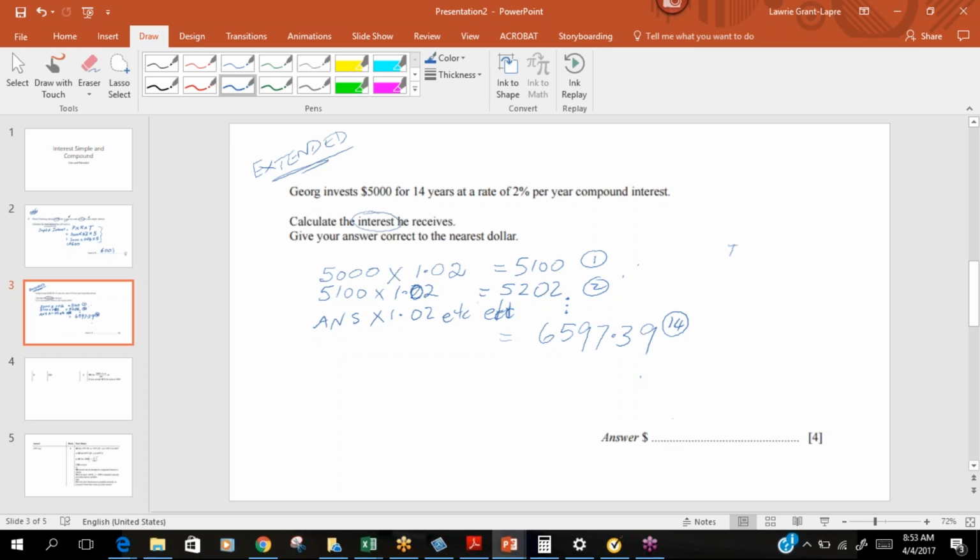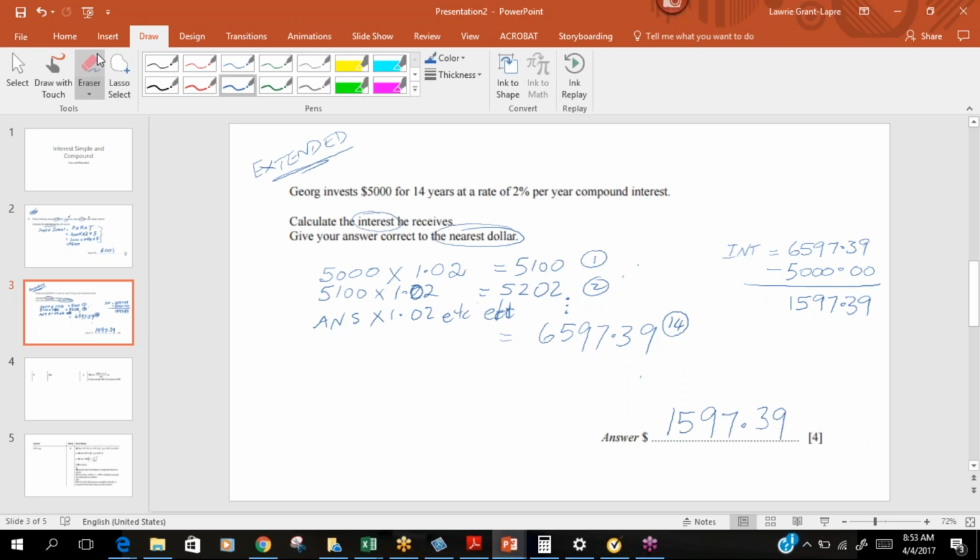The interest is 6,597.39 minus what he started with, $5,000, and that is $1,597.39. So we've got to put in here $1,597.39. Oh, correct to the nearest dollar.